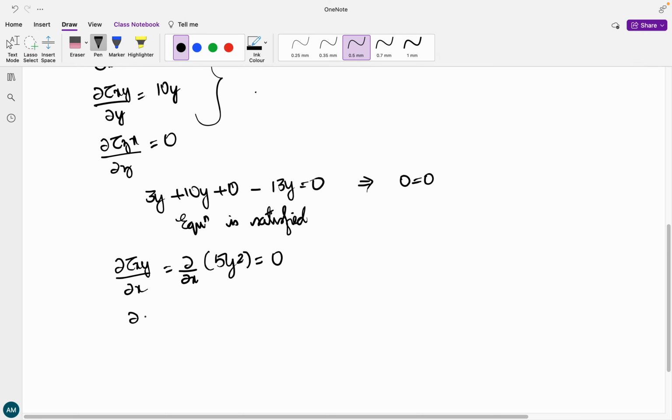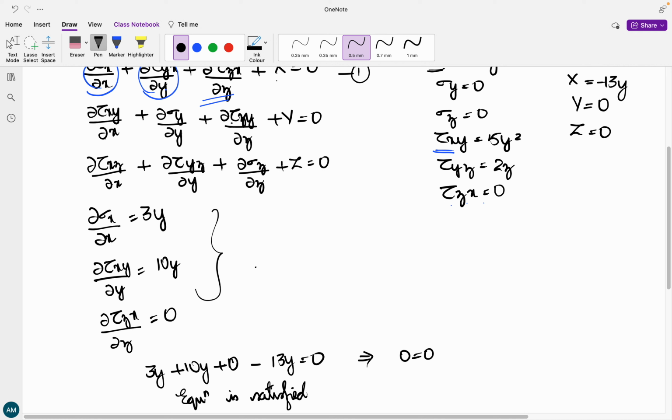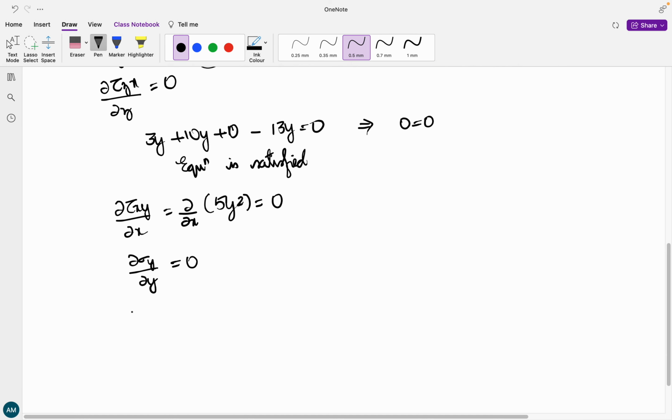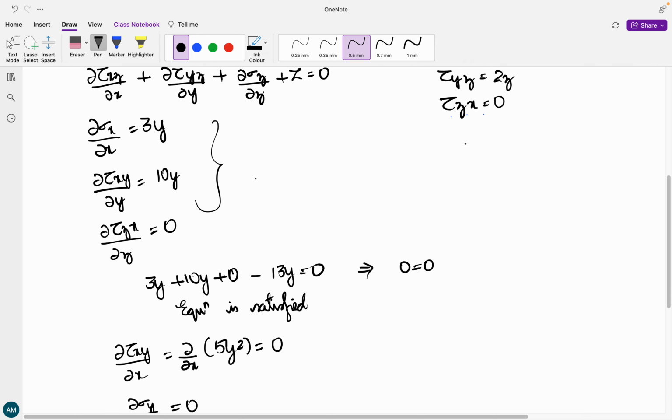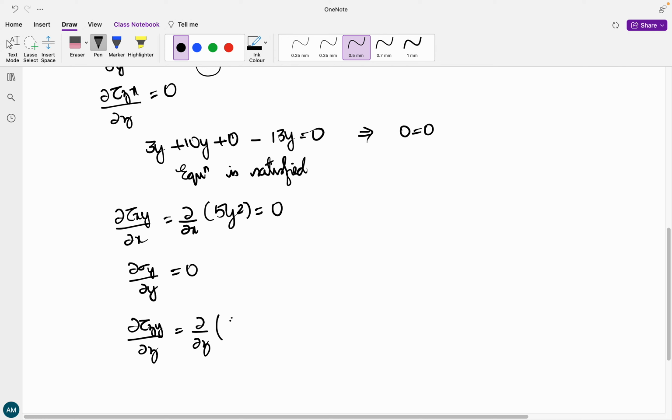I can directly write it as ∂sigma y/∂y equals 0. Then ∂tau zy/∂z. I have tau yz, so this is the one. ∂tau zy/∂z, that is ∂/∂z of 2z. That is going to be 2.